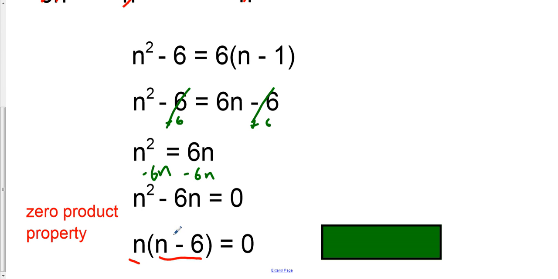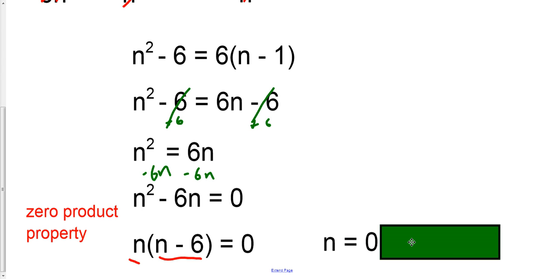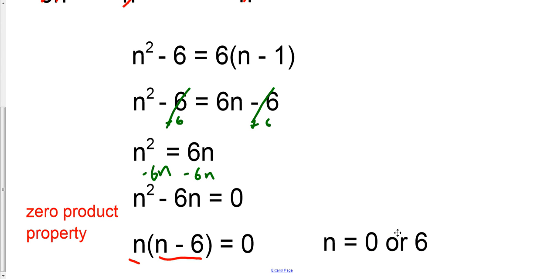When two things multiply to make 0, that means one of them has to be 0. How would we make this factor 0? Well, n would have to be 0. How would we make this factor 0? N would have to be 6. So our solutions are going to be n equals 0 or n equals 6.